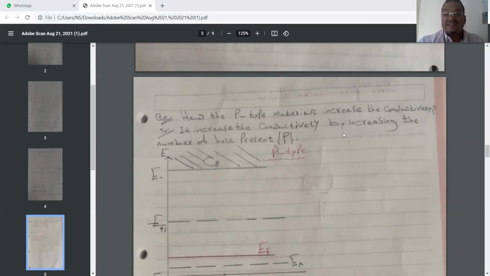Let's see: by increasing the number of holes present. That means the concentration of holes will change, because p-type materials increase the conductivity by increasing the number of holes present.